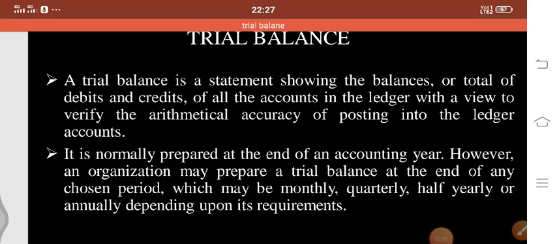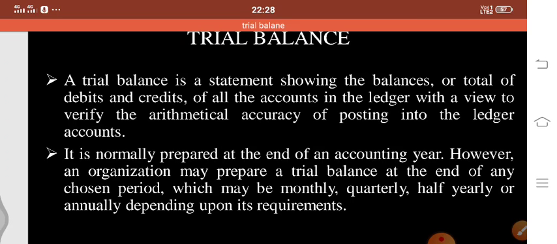This statement is normally prepared at the end of the accounting year, that is 31st of March. But depending upon the situation and organizational criteria, an organization may prepare it monthly, quarterly, half yearly, or annually, depending upon the needs and requirements of the organization.